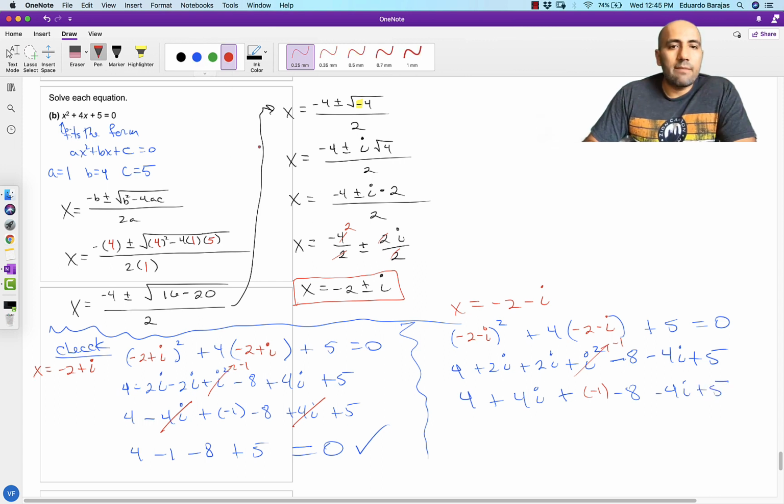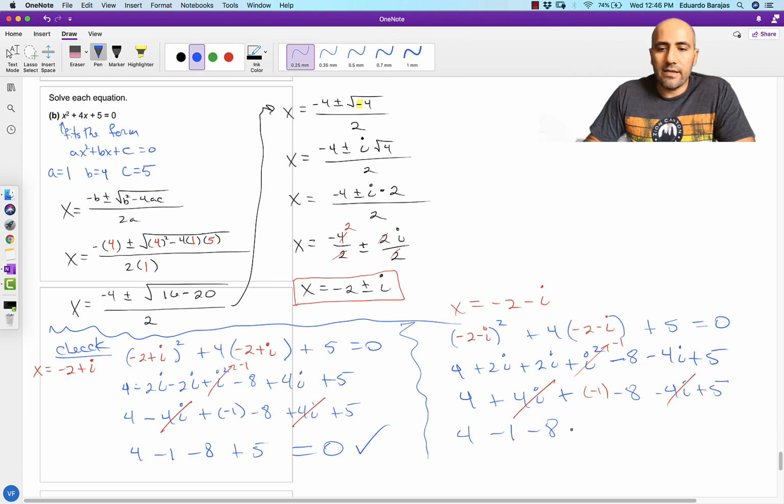So plus 4i minus 4i, these guys cancel. And so what survives is a 4 from here, and then a minus 1, and then a minus 8, and then a plus 5, which still gives us 0. So it works out again. Okay, so both solutions worked.